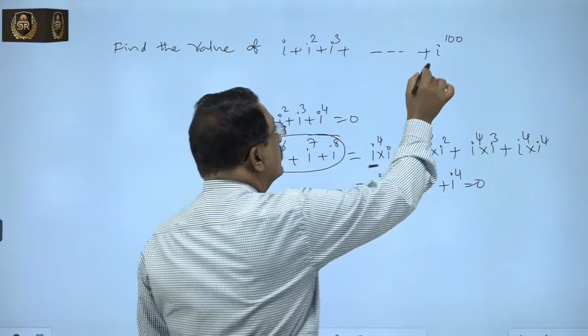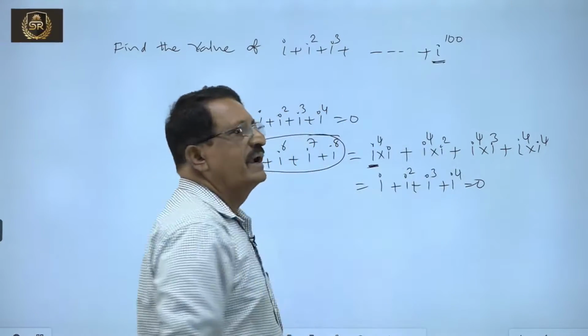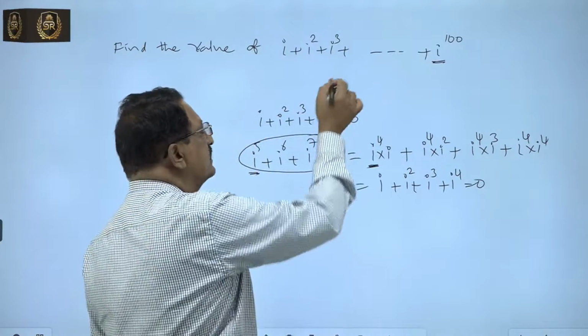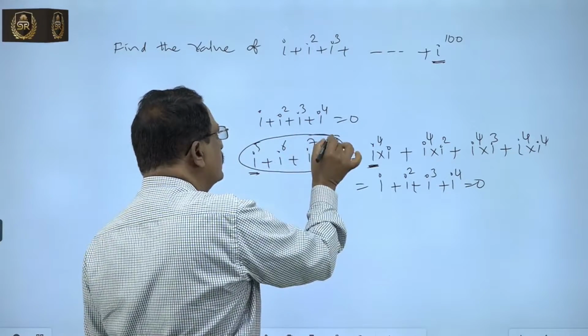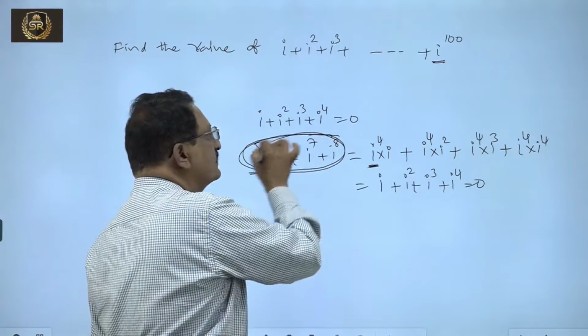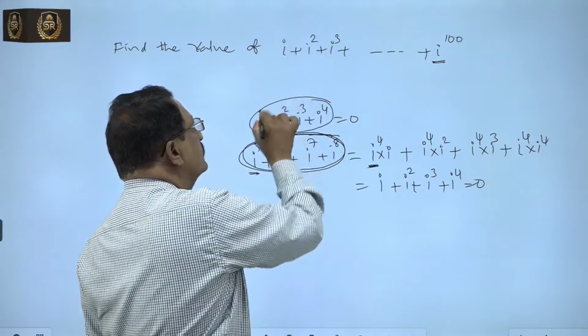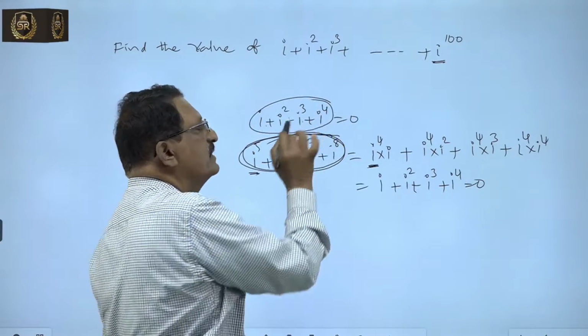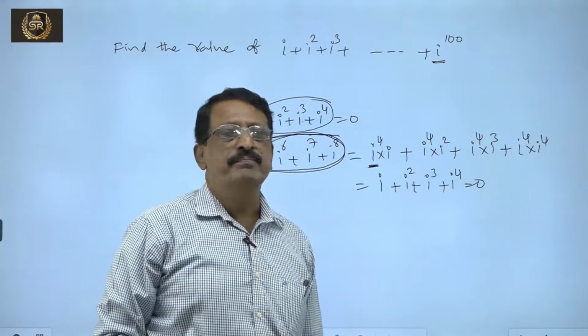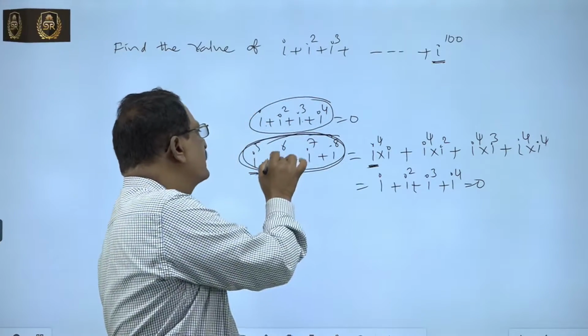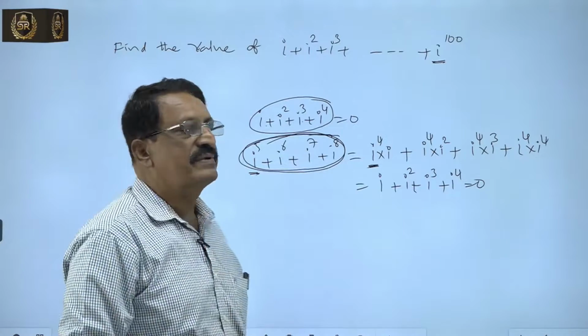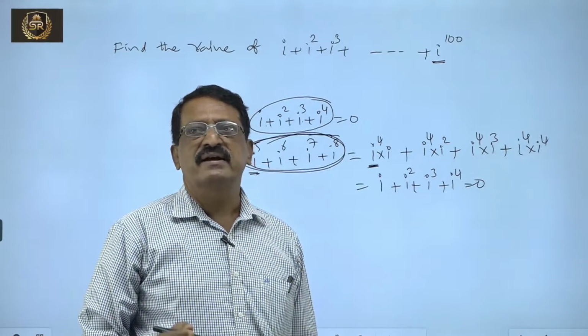Now here i to the power of 100 is nothing but 25 groups like this. First i plus i square plus i cube plus i to the power of 4, one group. Next i to the power of 5 plus i to the power of 6 plus i to the power of 7 plus i to the power of 8, second group.